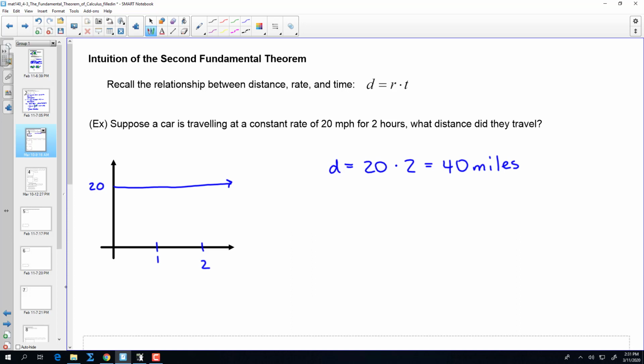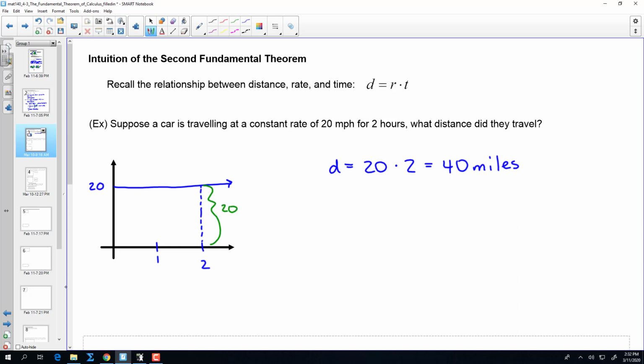Let's take a look at what it means for that 40 miles. Where is that 40 miles in this example? So here's the end of my 2-hour interval. If I multiply 20 and 2, when you think about where these numbers come from, the height of this curve is 20.